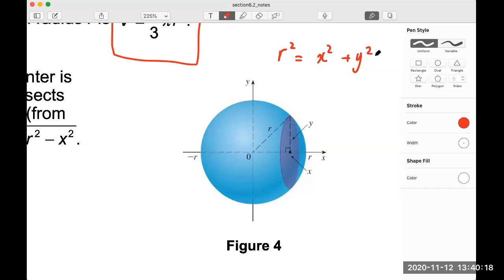Right, in the plane OXY it is simply a circle, right? And this is the equation of the circle. So suppose we are given R and we are given X. Can we compute Y?